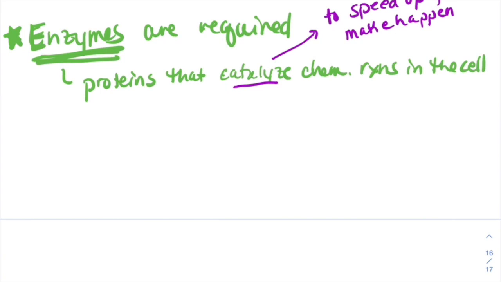Okay, so enzymes are proteins that catalyze chemical reactions in the cell, but the deal is they are not one of the reactants and they are not one of the products. So we need to add to our definition here and say that enzymes are proteins that catalyze chemical reactions in the cell without being used up or changed in any way.